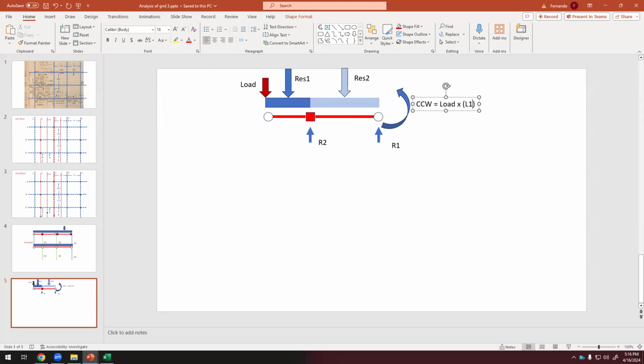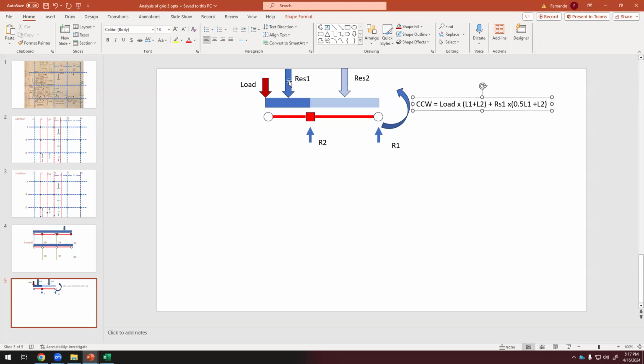So that would be L1 plus L2, plus resultant 1 times, and what's the distance? It's half L1 plus L2. 0.5 L1 plus L2.